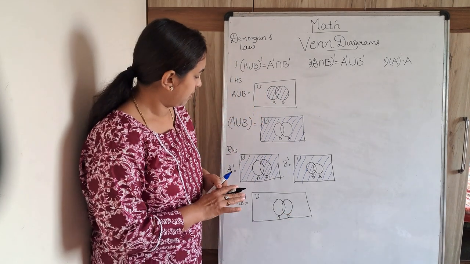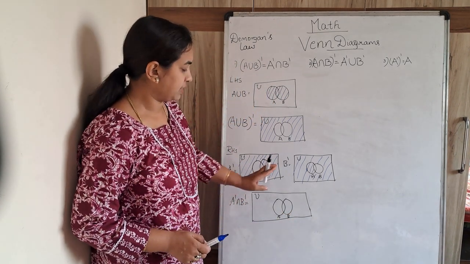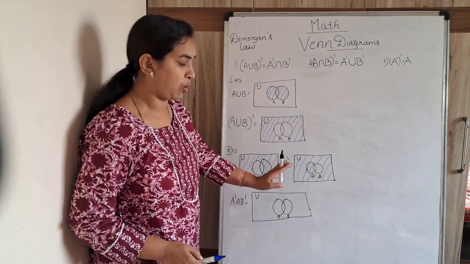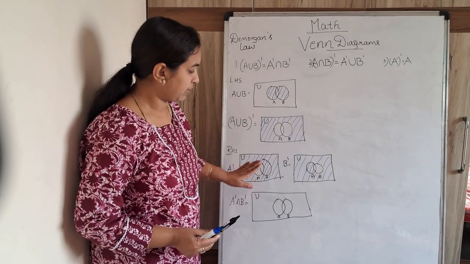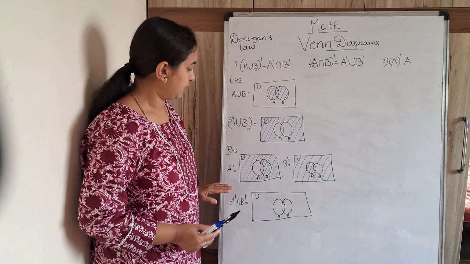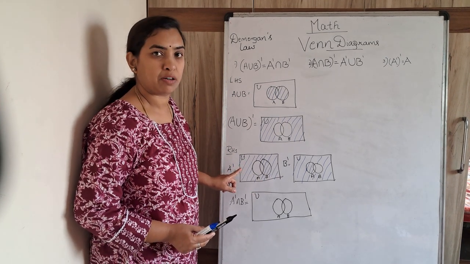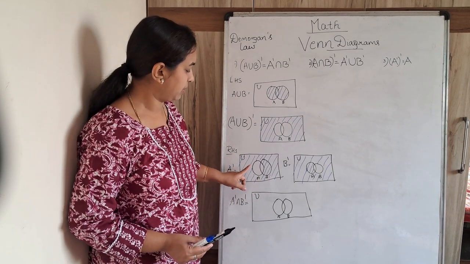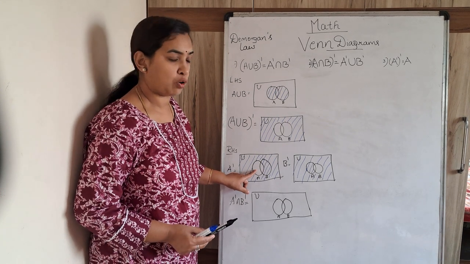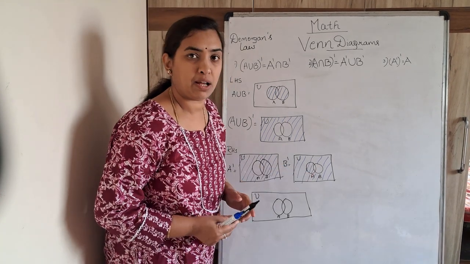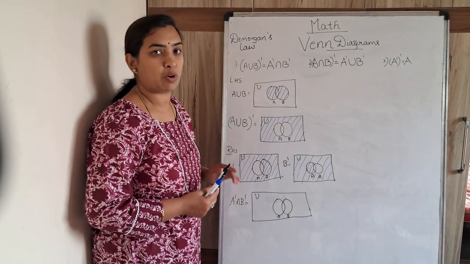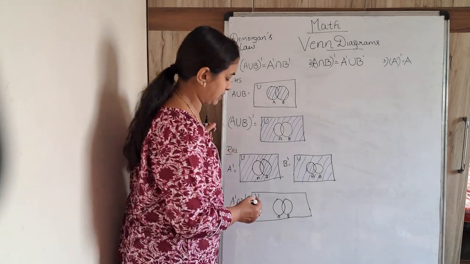See here, in order to represent A dash intersection B dash, you need to take out the common part. The common part between these two diagrams is only the shaded part of the universal set, because in this one the set A has not been shaded and here set B has not been shaded. Only the common thing that has been shaded is the universal set.